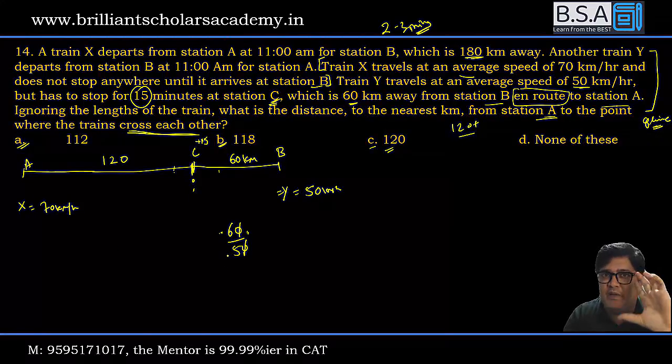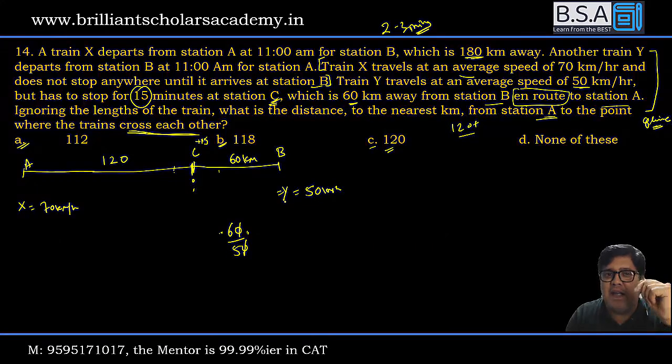If I multiply the time taken by Y to come to C with the speed of this one, do you see this train has traveled 84 kilometers by the time Y comes to this place.